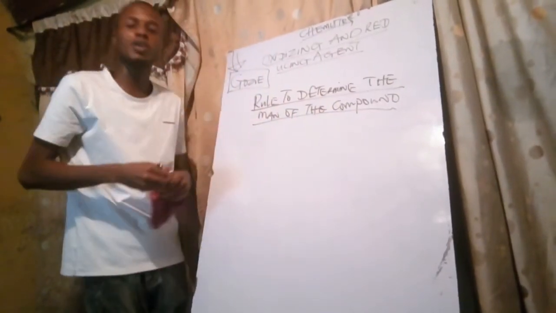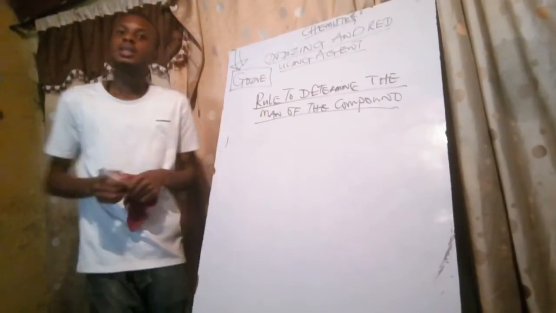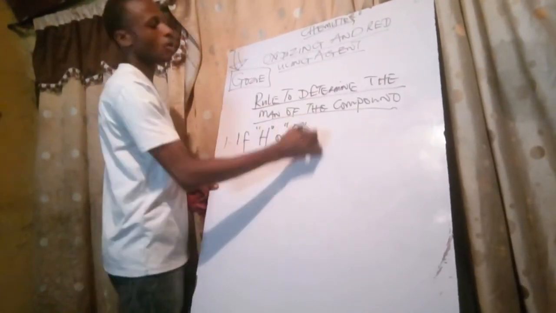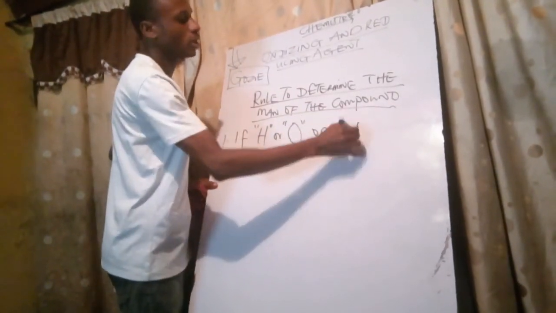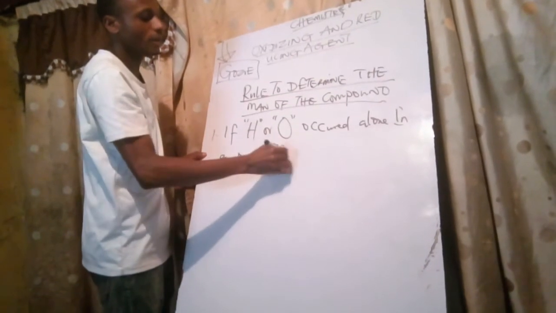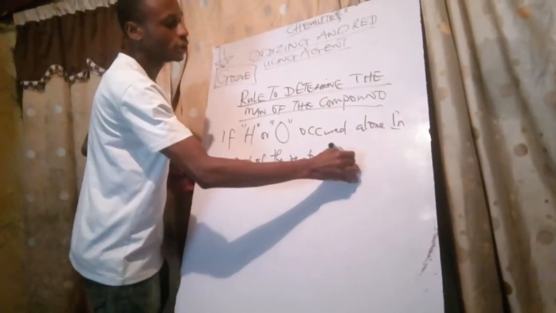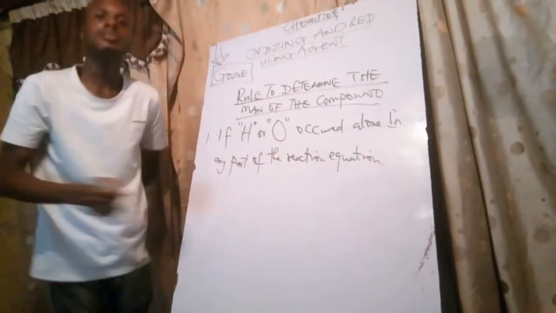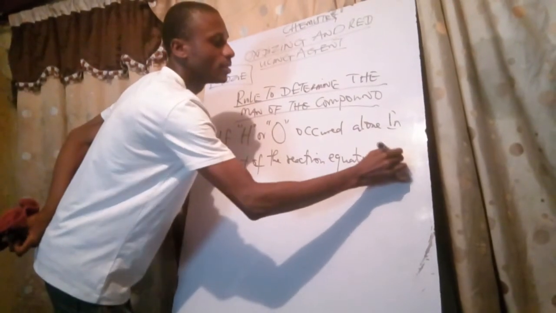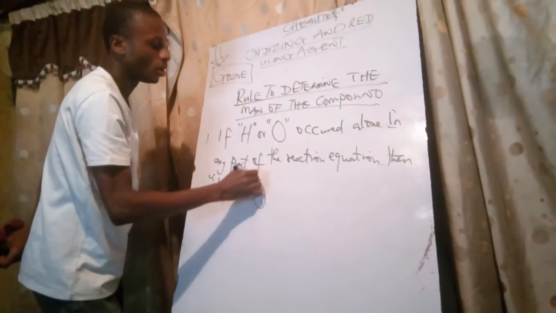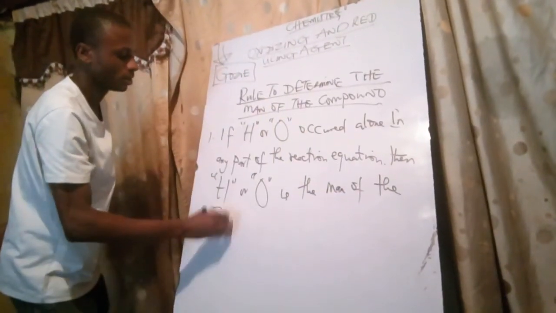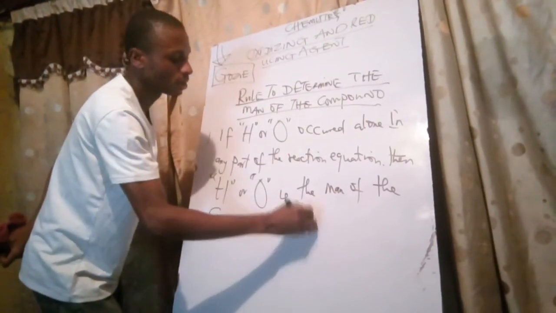Number 1: if hydrogen or oxygen occurred alone in any part of the reaction equation, then hydrogen or oxygen is the man of the compound that contains it.